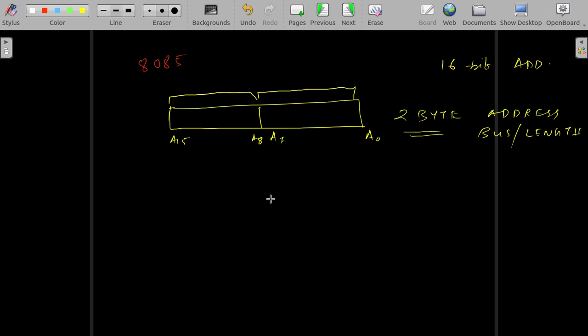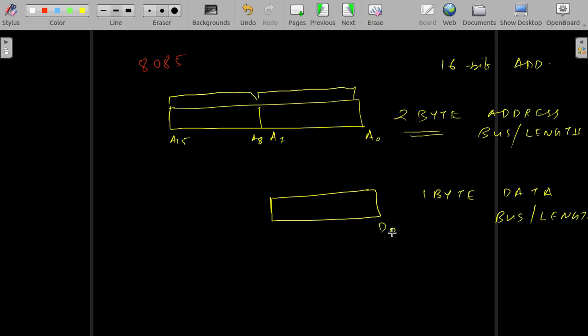When it comes to the data bus, it has a 1-byte data bus or length. That is, for the capability of the processor, the ALU, the register length, all of those will be 8-bit. So it is D0 to D7, right? So that is the address bus and data bus.